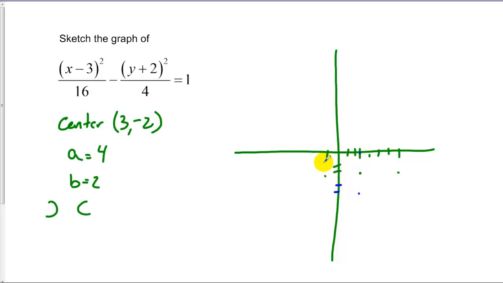And then what I need to do is create a little rectangle going through the endpoints of the vertices and the co-vertices. From here, I go through my center and through the vertices of that rectangle and create these asymptotes.